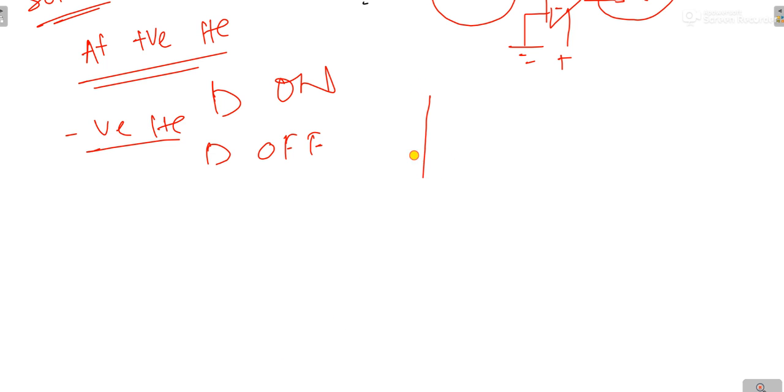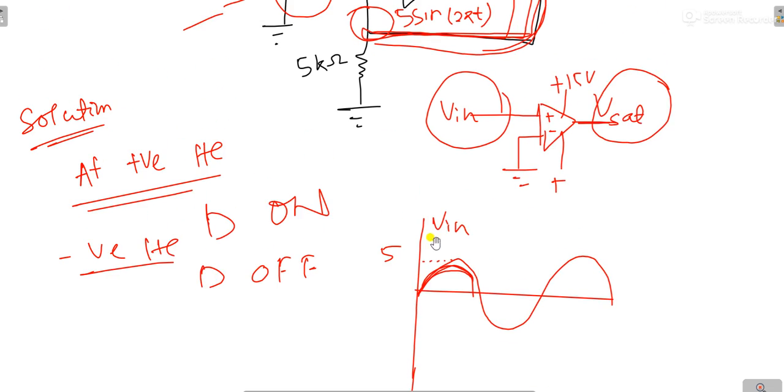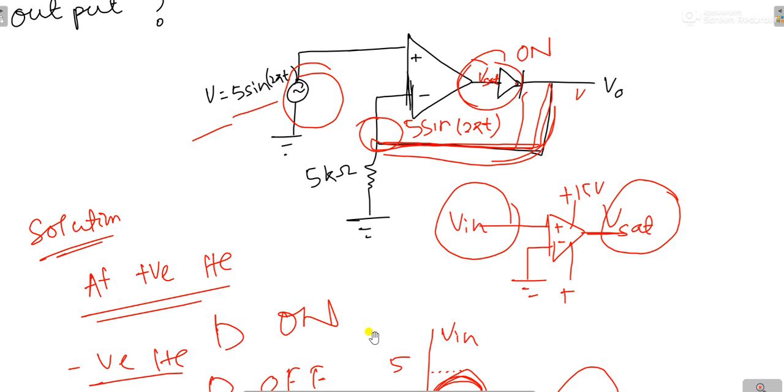Let this be our input, this is 5. This is the input V in, then what will be our output? In the positive half cycle, V0 is equal to Vn, because this potential is 5 sine 2 pi t.